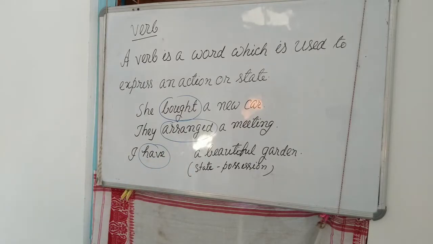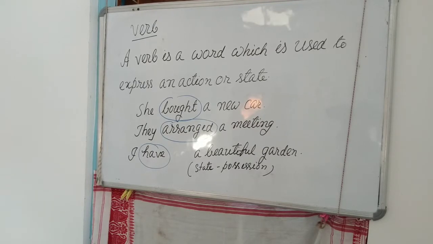In the first two sentences, there is action. To buy, you have to do some action. To arrange a meeting, there is also some action. The action may be physical as well as mental. We'll come to that point later.